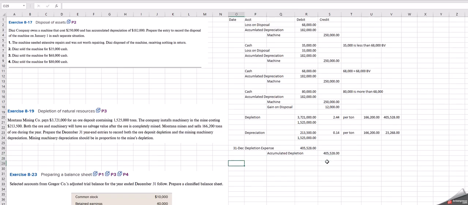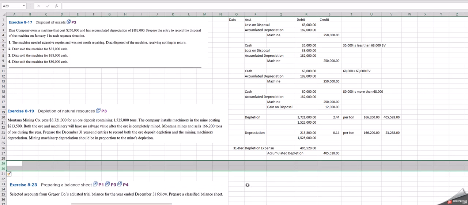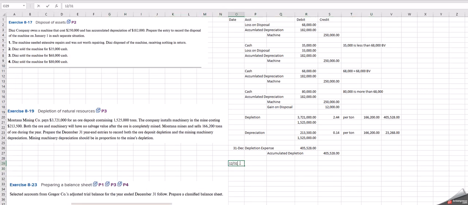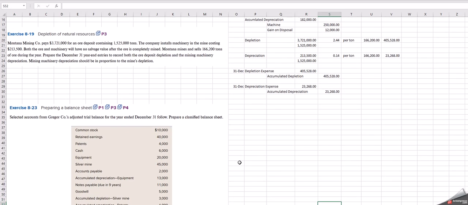And then we would do the same thing for depreciation. We would debit depreciation expense, and then credit accumulated depreciation for the amount of $23,268, $23,268. Okay, so again, that is our depletion.